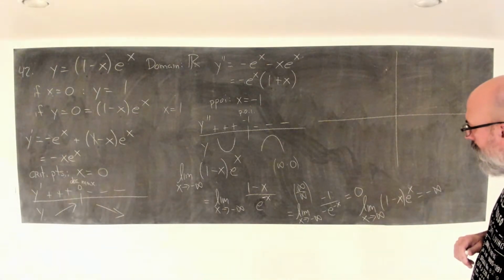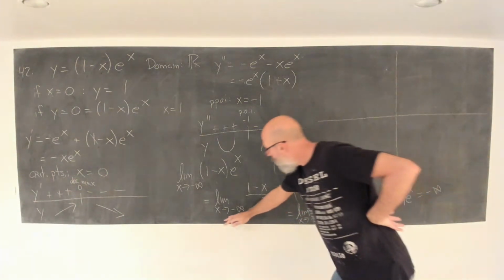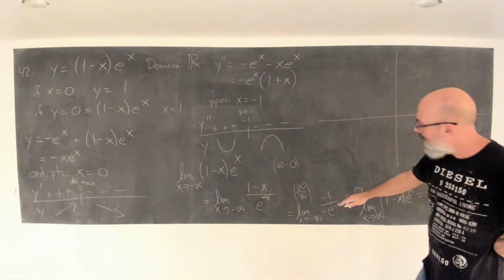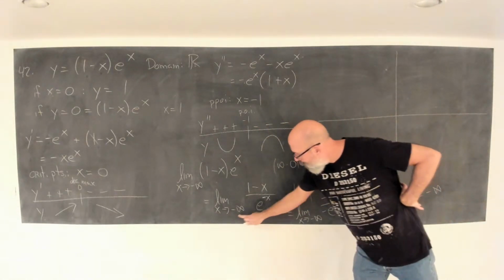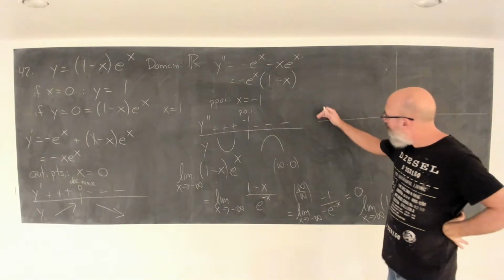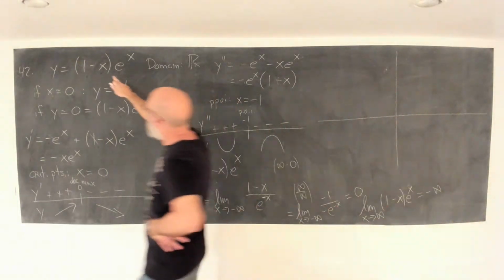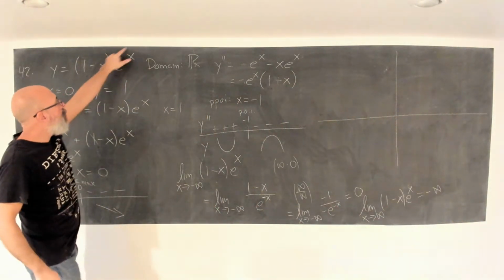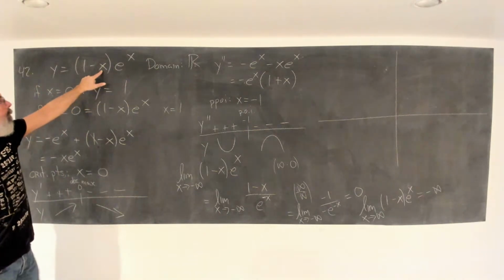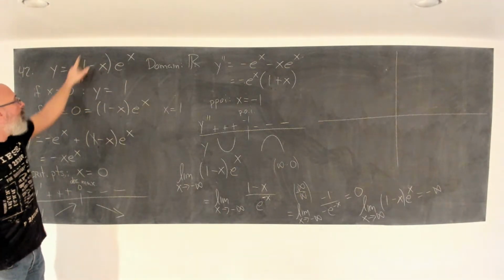All right. So we're going to graph from left to right. For large values of negative x, or for large negative values of x, the function is close to 0. Are we above 0 or below 0? If you plug in a large negative number, first of all, this is going to be positive. If you plug in a large negative number, 1 minus a large negative is going to be positive.